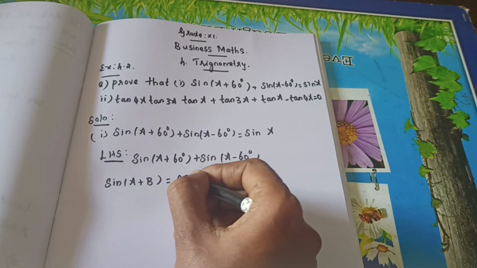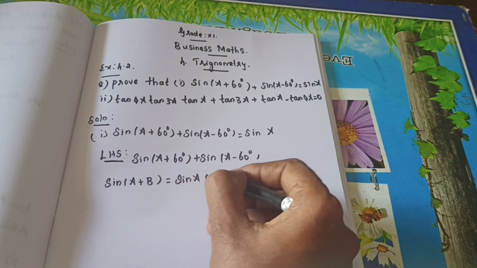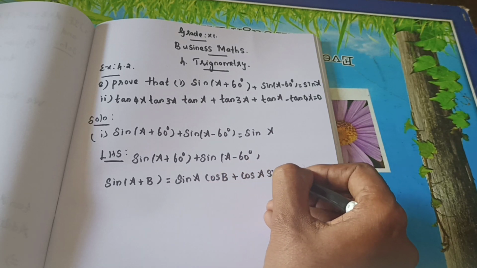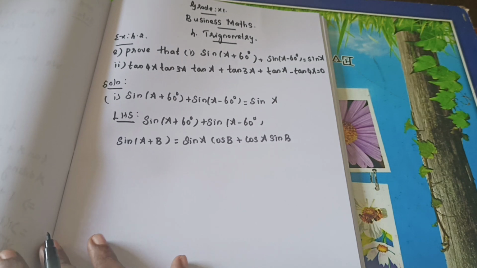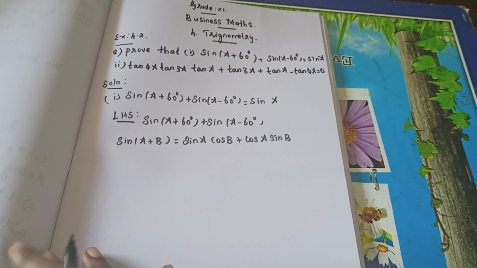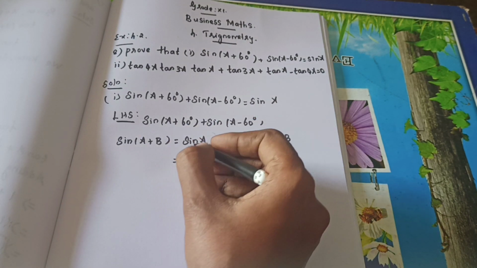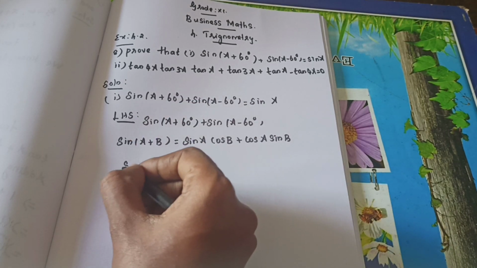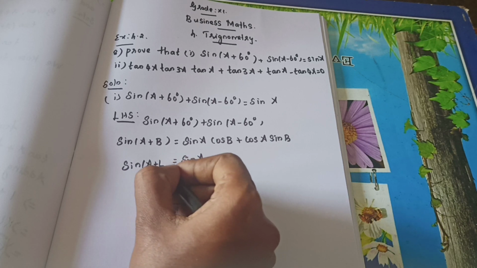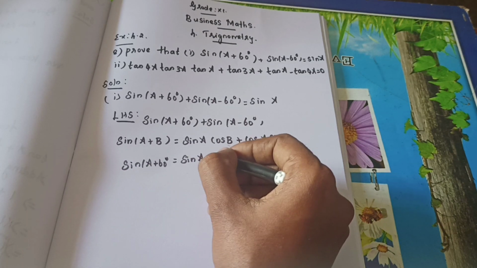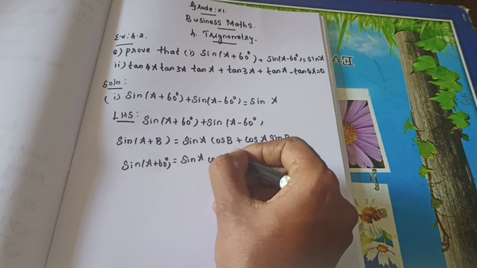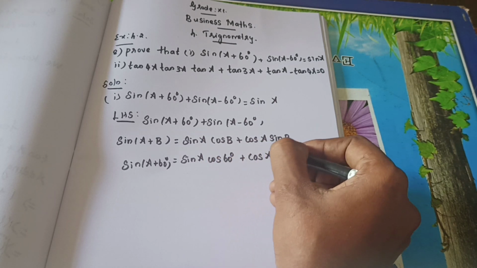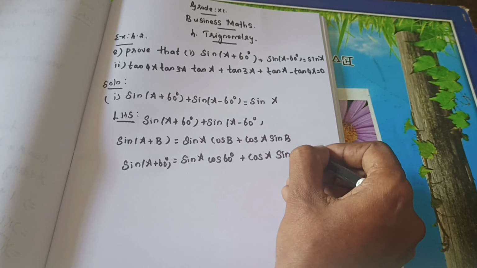Sine a cos b plus cos a sine b. So in the place of b we have 60 degree, correct? Sine (a plus 60 degree) equals sine a cos 60 degree plus cos a sine 60 degree.